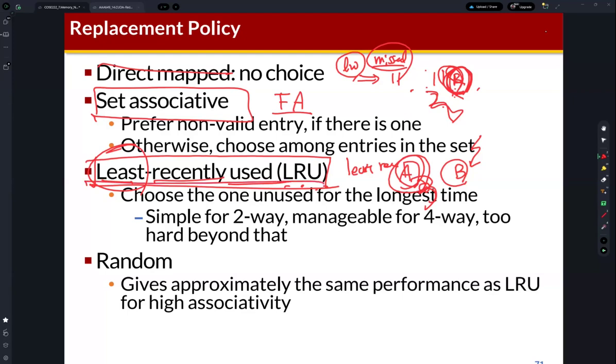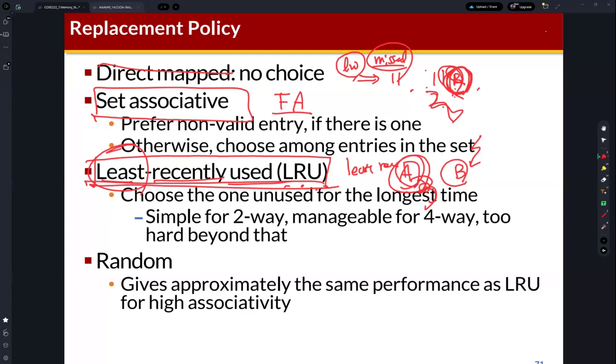The LRU policy is frequently used in the CPU, and it is reasonable because the cache exploits data locality, right? And then we learned about temporal locality.